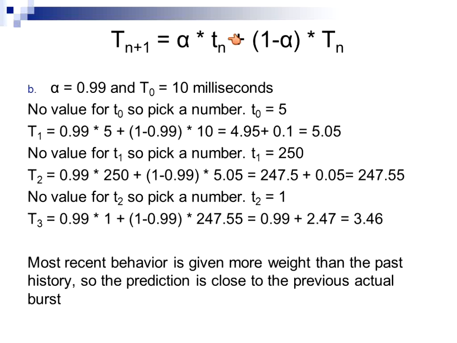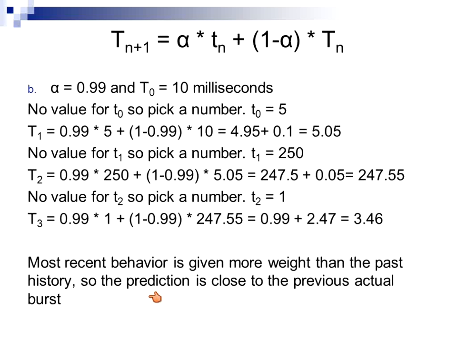Because this part of the equation is how it's weighing the most recent CPU burst, and this part of the equation is weighing the past history, the past predictions that have calculated in it the actual CPU bursts.